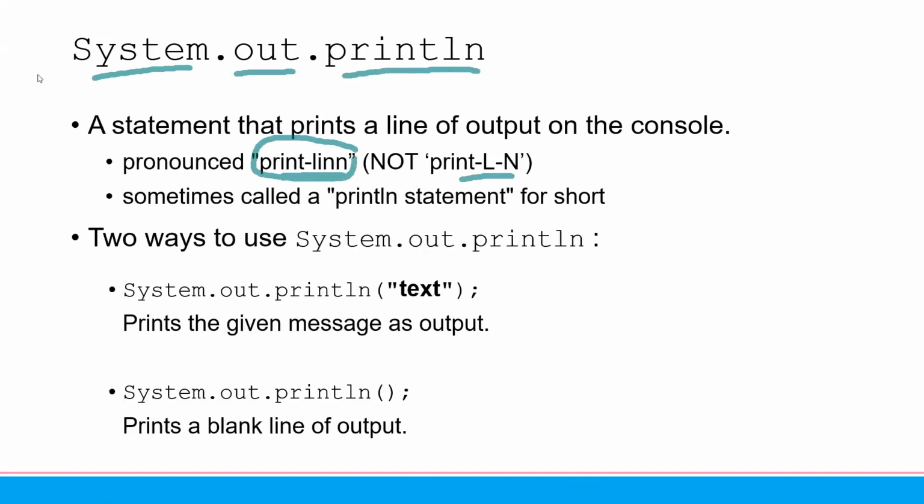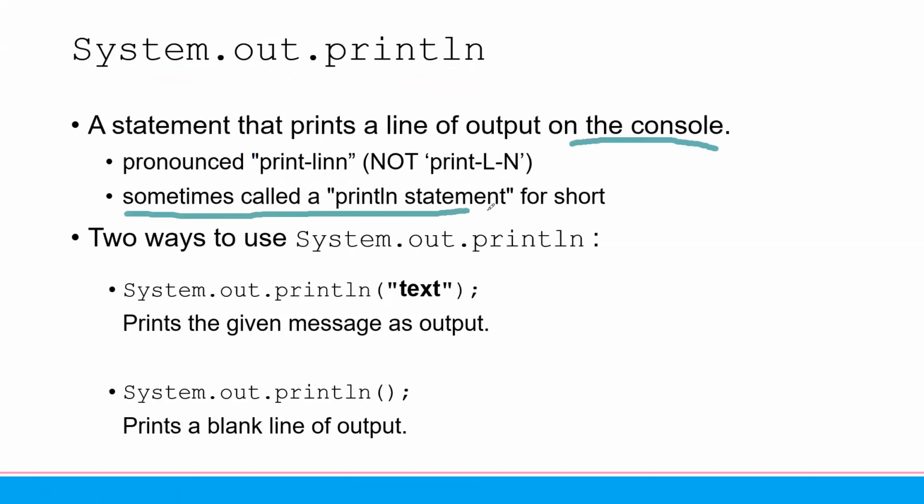And we have this statement to print a line of output on the console. The console is the place to show the output of your Java file. Sometimes we call this one the print line statement.